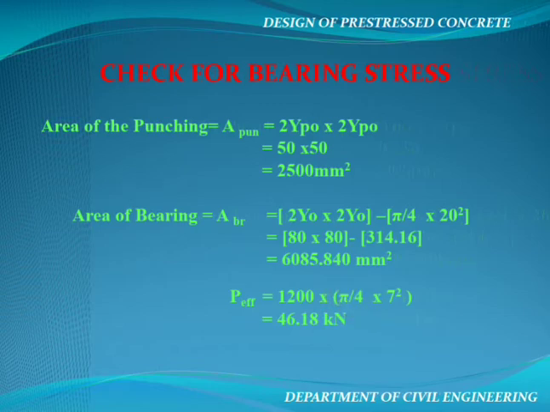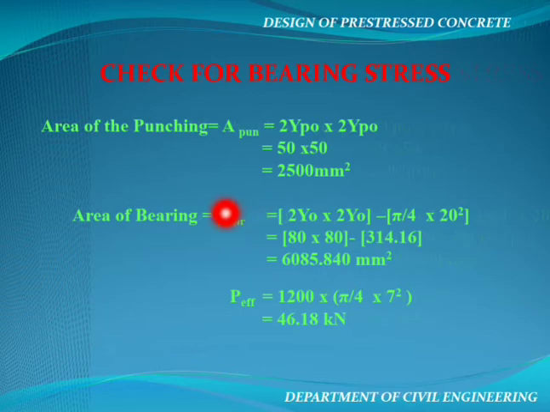Now during valuation we find that students in a hurry just take 1200 itself as the effective force, whereas it is not the effective force. It is the effective pre-stress. It has to be multiplied by the area of the wire to get the effective force.